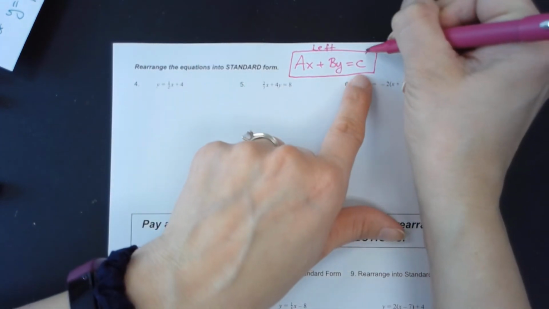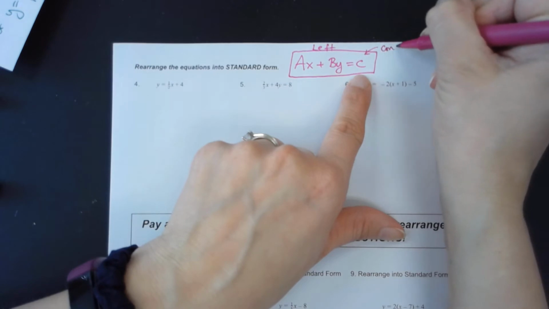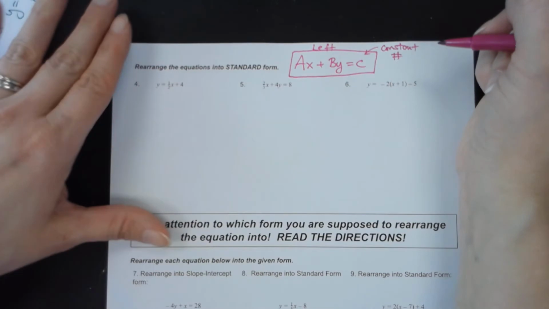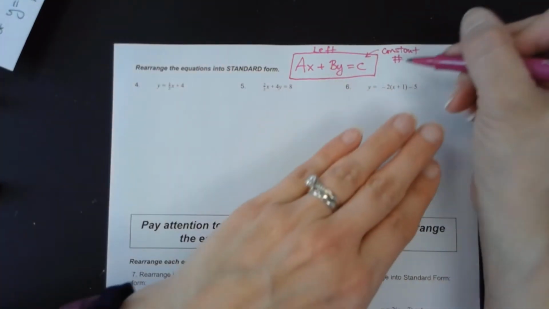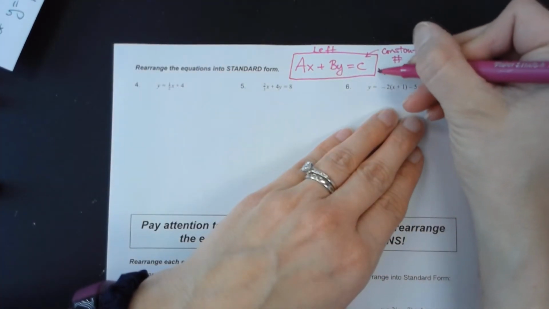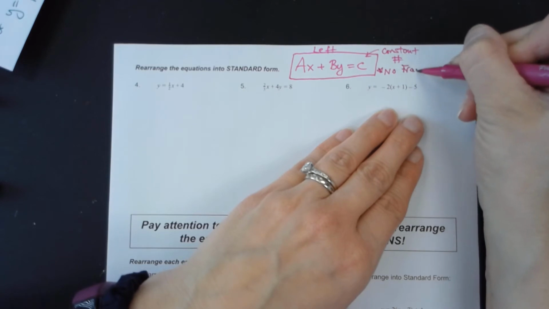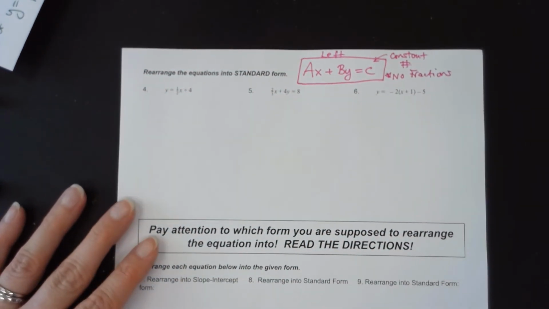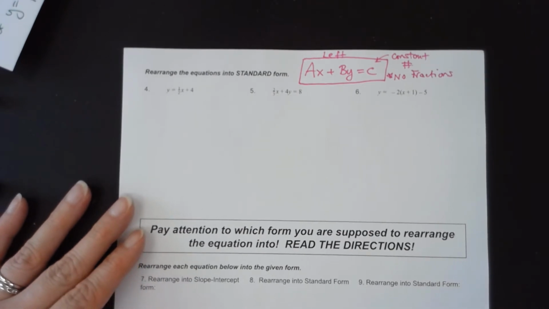And then what do we have on the right? Just our constant. When I say constant, that means the number. And remember, no fractions are allowed. If you see a fraction, we're going to have to get rid of it.